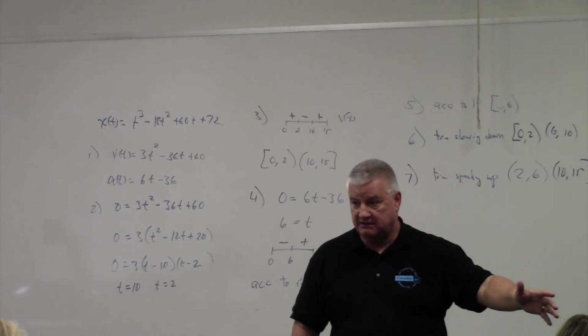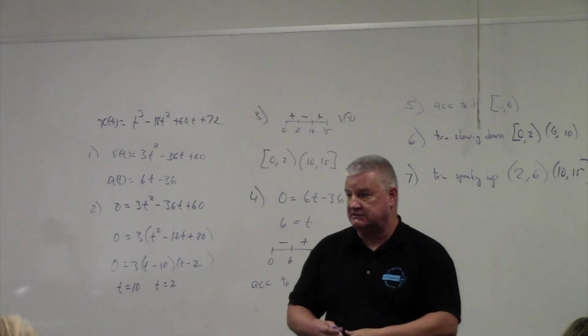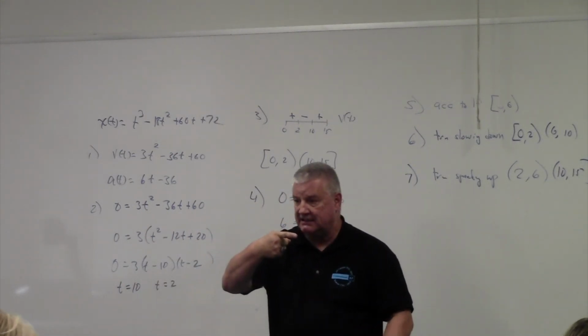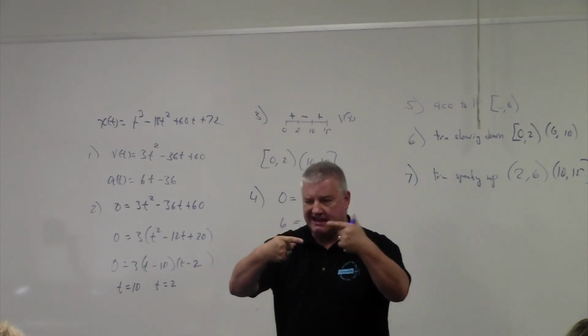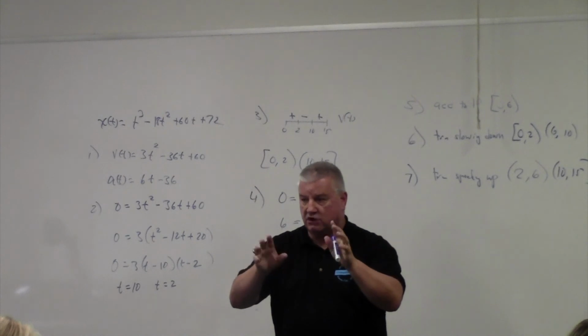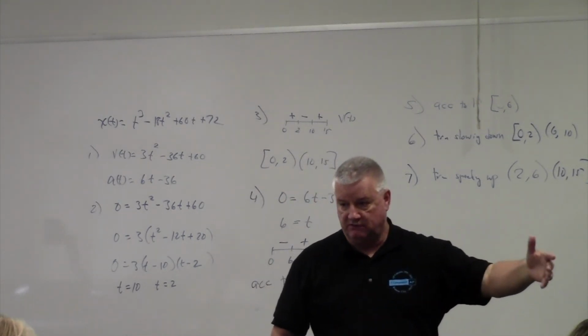Right? You got that? So to begin with, the trailer is traveling in what direction? To the right. And what am I doing? I'm pushing it to the left. Correct? So with that, what's going to happen? The trailer will slow down.